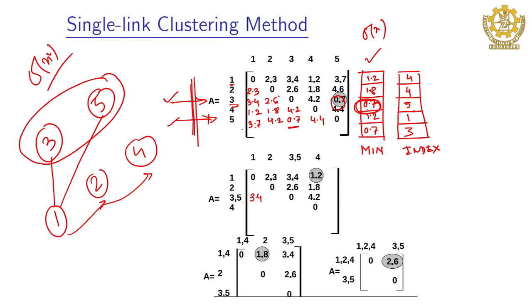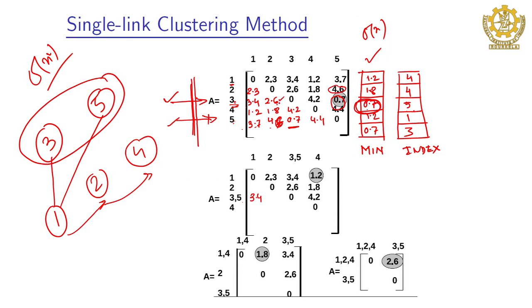Now, you move again to the next. The distance from 3 to 2 is 2.6 and the distance from 5 to 2 is 4.6.